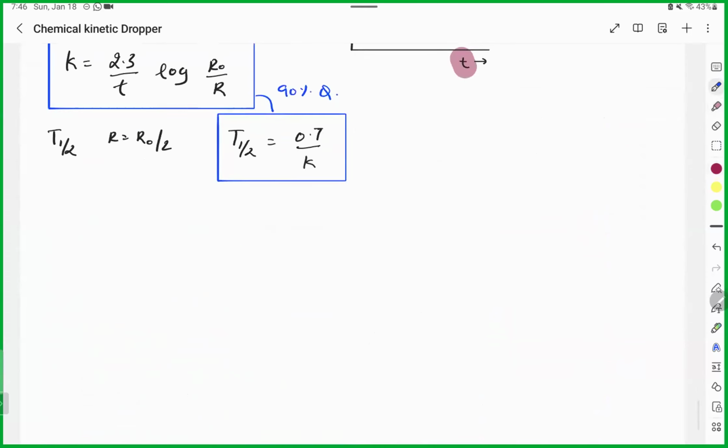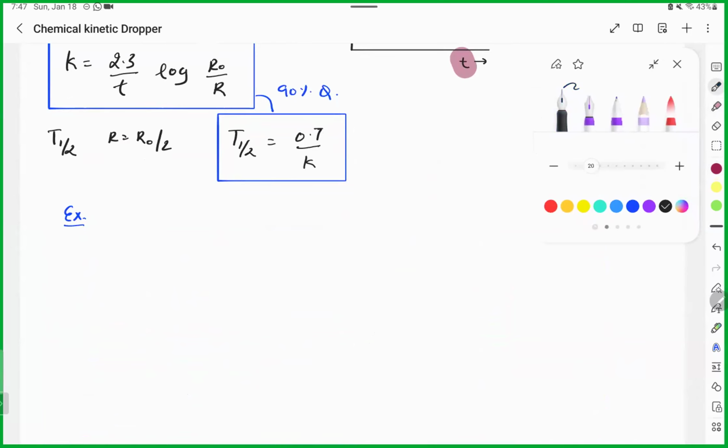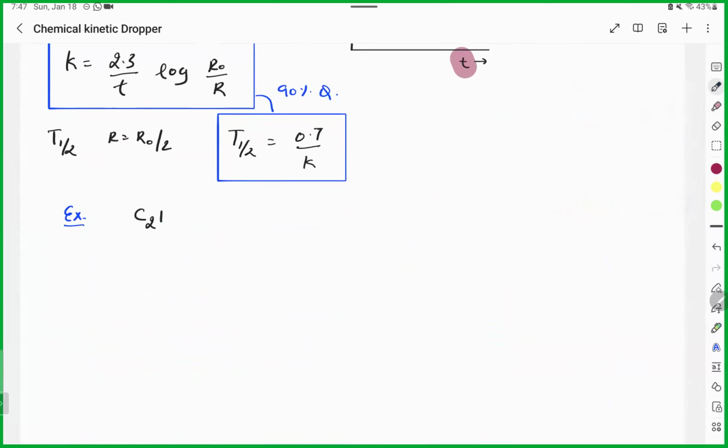Example. If you take C2H4 reacting with hydrogen gas, it will form C2H6. If you calculate the rate and k, it will depend only on C2H4. It does not depend upon the hydrogen gas. That is the interesting thing. It depends only on C2H4, not on the hydrogen.